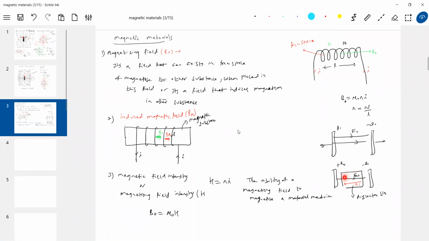Because of that, this particular slab will have a net dipole moment. Now I got the electric field E naught, and how to control E naught by varying Q naught and by varying the area of cross section. Similarly, how to control B naught? By varying number of turns per unit length and current.